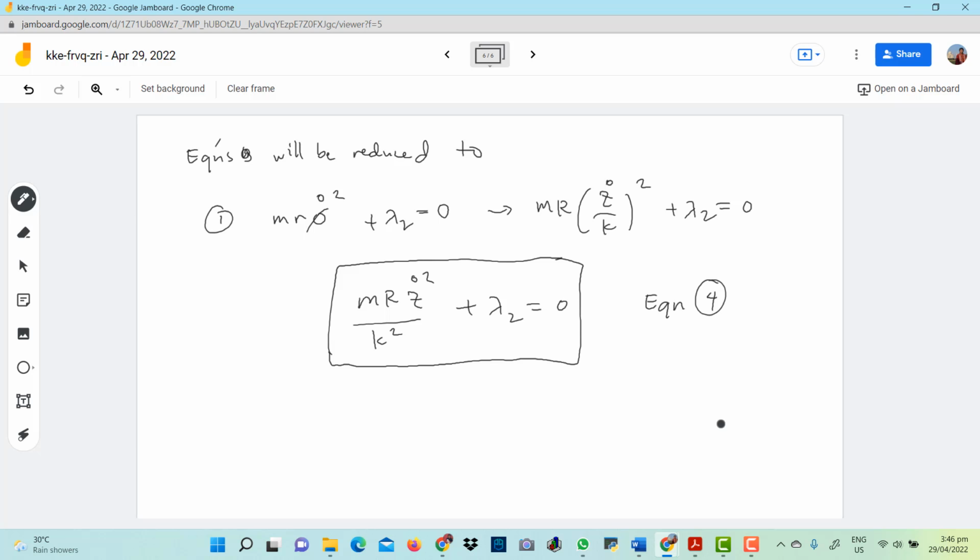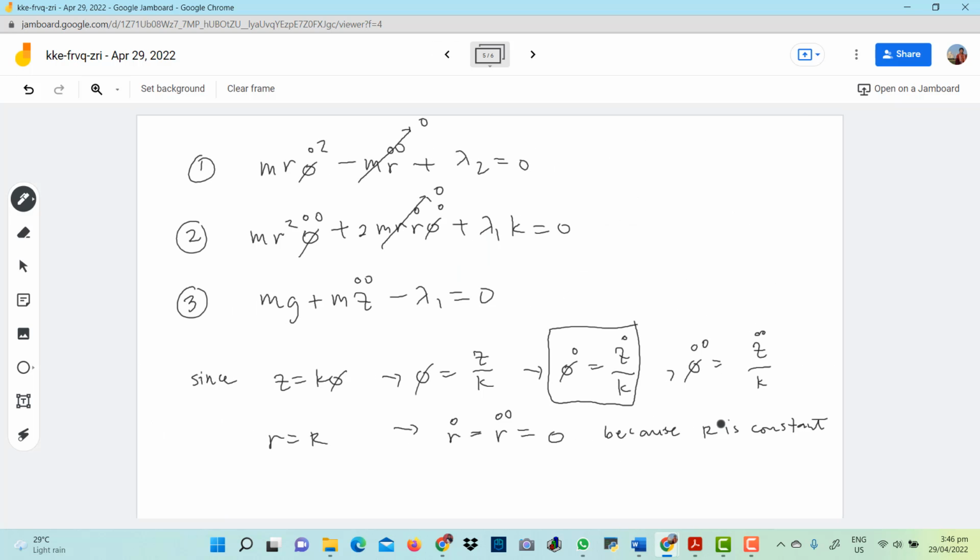The second equation becomes, the second term disappears, so it becomes m R squared z double dot over k. Because, take note, phi double dot is just equal to z double dot over k.